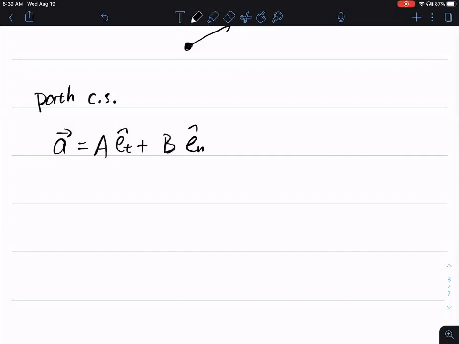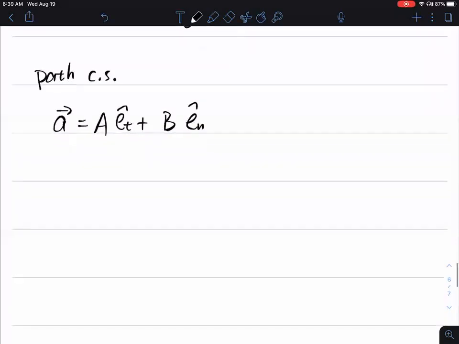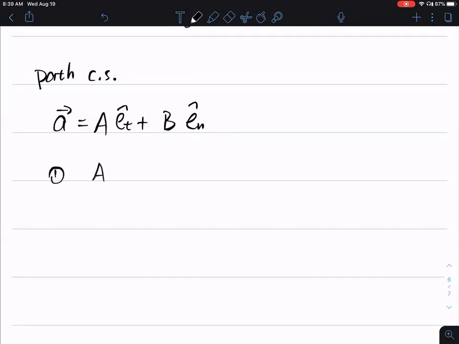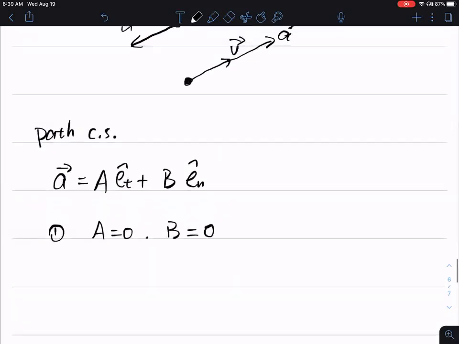A and b represent two variables, two values, which can be any values. Now I want to ask you, under the first case, what is happening when a is 0 and b is 0?